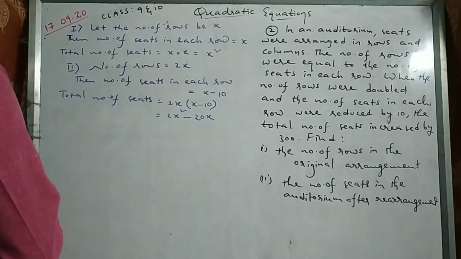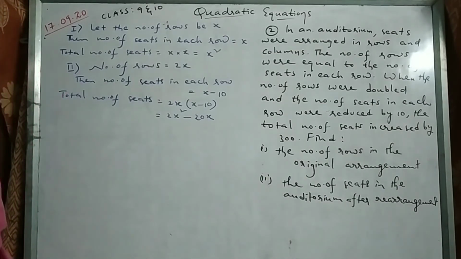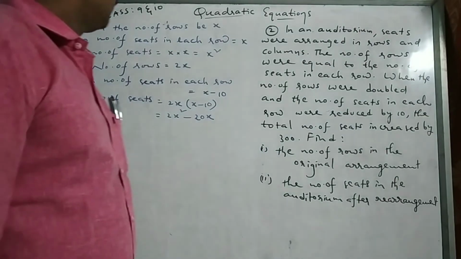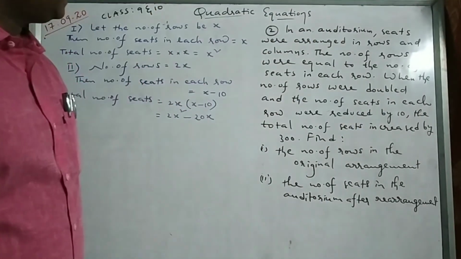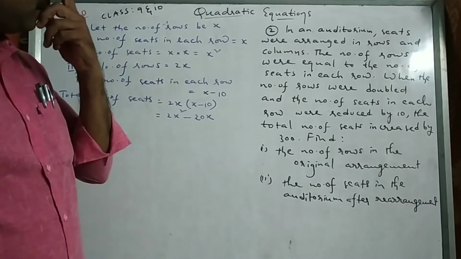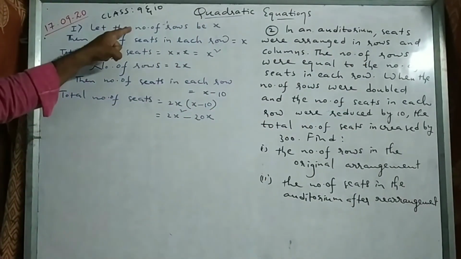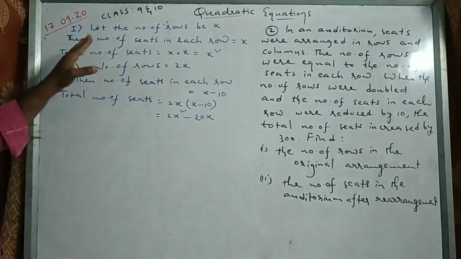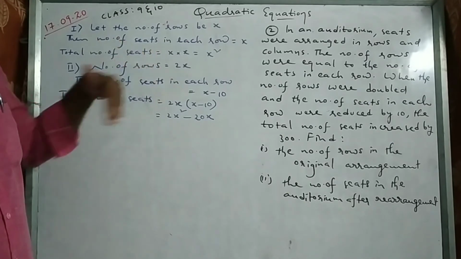Now you read the question carefully. Once again you see here, in an auditorium, seats were arranged in rows and columns. First condition is the number of rows were equal to the number of seats. Let the number of rows be x. Then how many seats are there in each row? x seats are there.